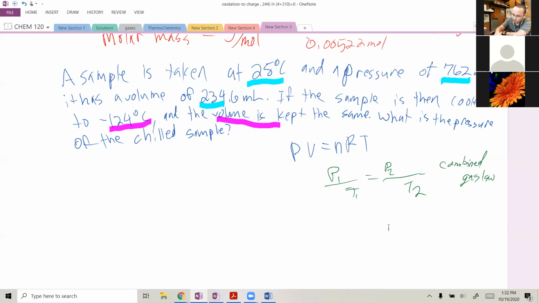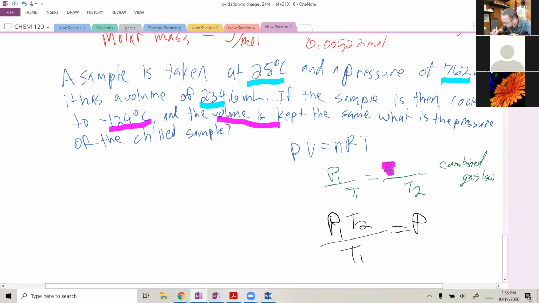So I am looking for P2. That's what I'm going to solve for. And so my equation is going to look like P1 times the temperature 2 over the temperature 1 is equal to my pressure 2.